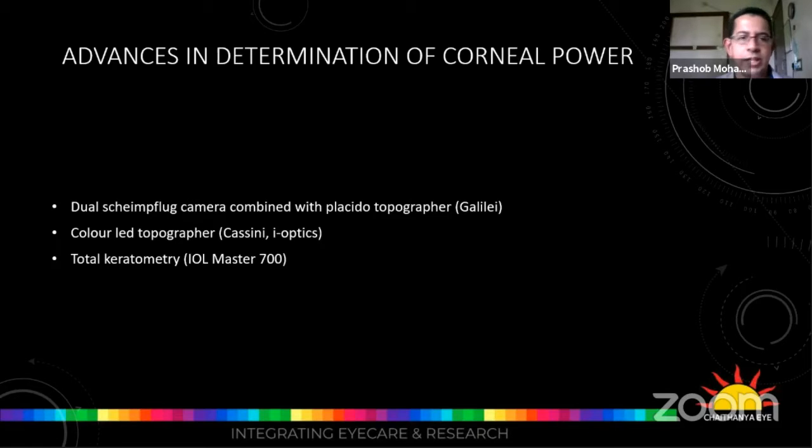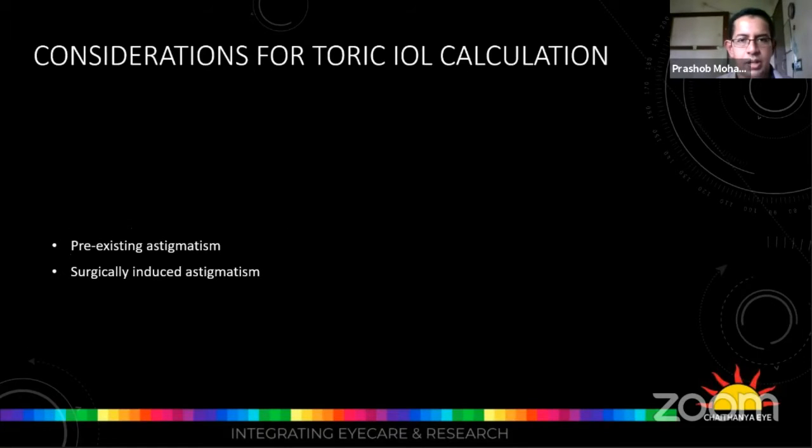So the holy grail of toric IOLs now is the posterior corneal astigmatism. Now, there are several instruments which help us measure the anterior and posterior corneal astigmatism reasonably well. They include the dual Scheimpflug camera, that is a Galilei, the Cassini LED topographer, and the swept source OCT from the IOLMaster 700, which gives a total keratometry.